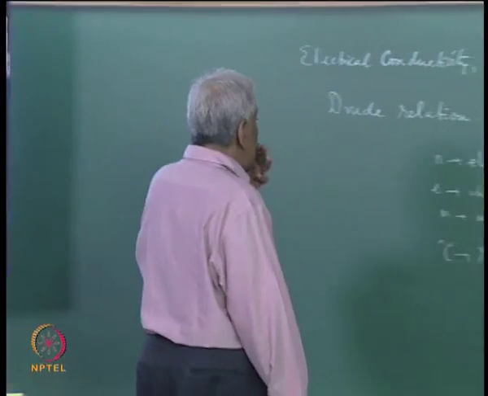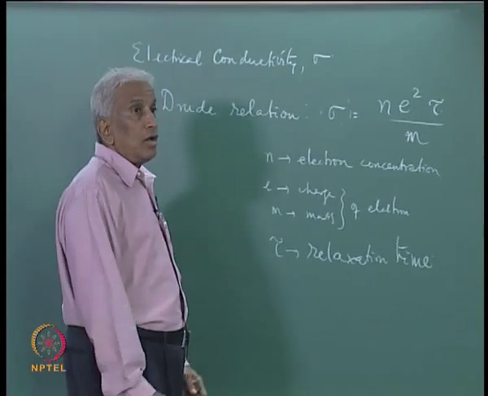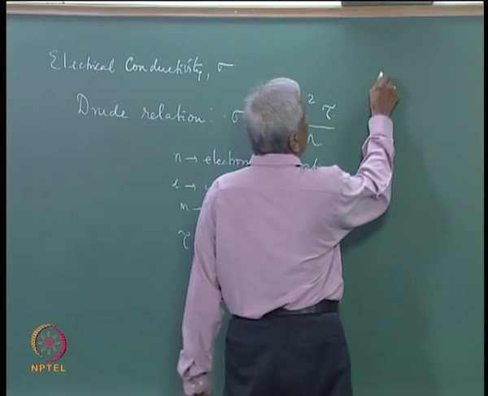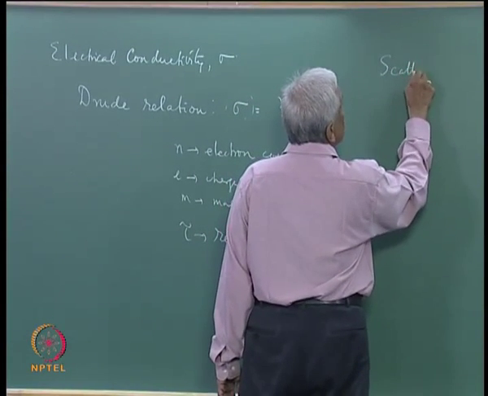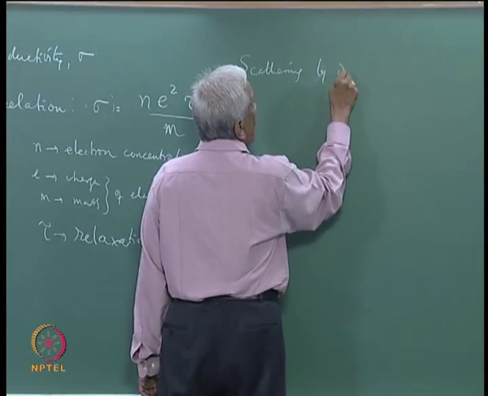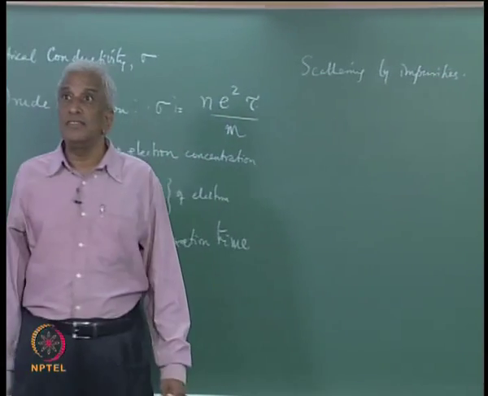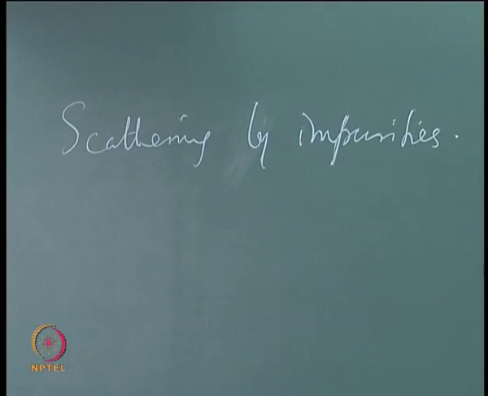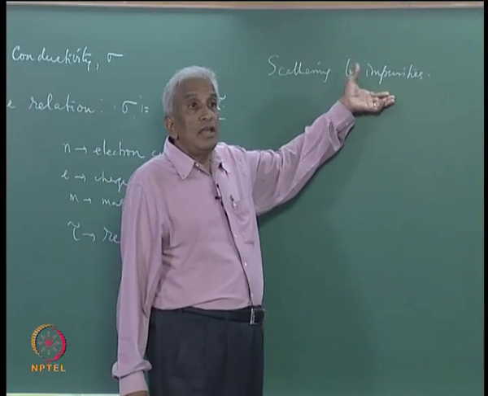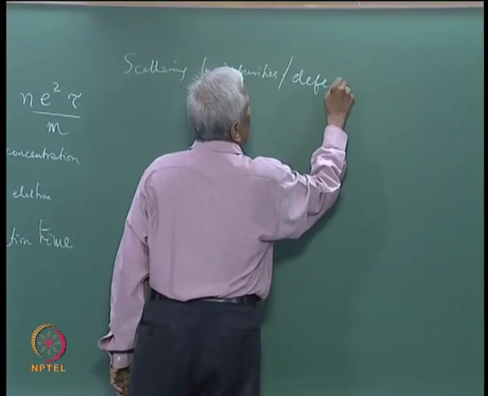And we already saw that the collision processes or the scattering events for conduction electrons arise mainly from two principal mechanisms. The scattering is from impurities of various kinds: lattice impurities, interstitials, vacancies, dislocations, all sorts of standard defects in crystalline solids.